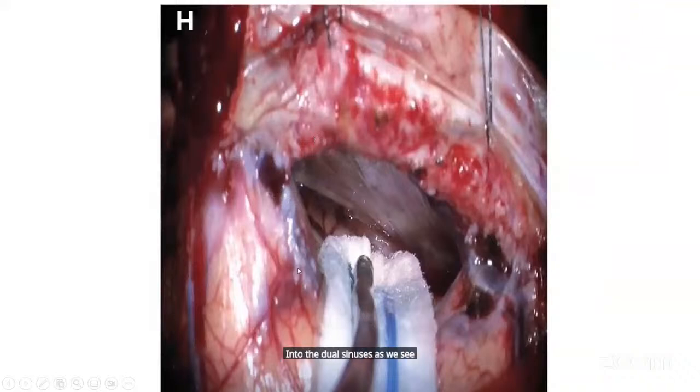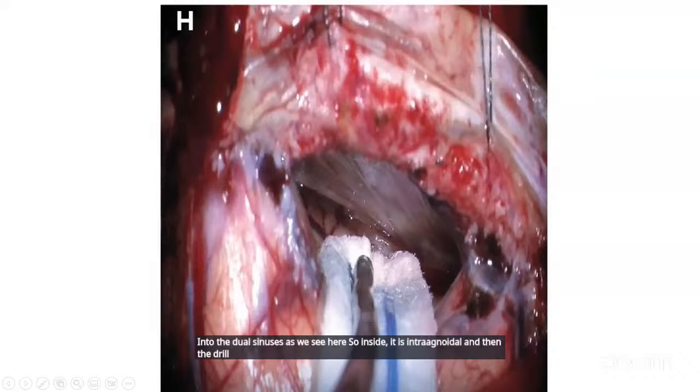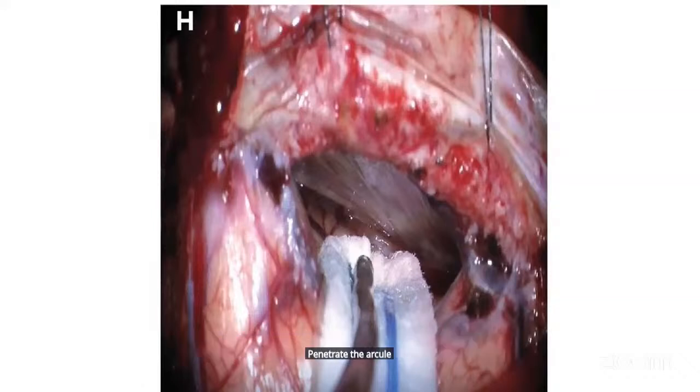Look, inside it is intraarachnoidal, and then the dural, which we call the bridging veins most of the time. Drainage is into the dural sinus, but in order to do that, that vein should penetrate the arachnoid membrane and go extraarachnoidal, and in that way it can perform its drainage.